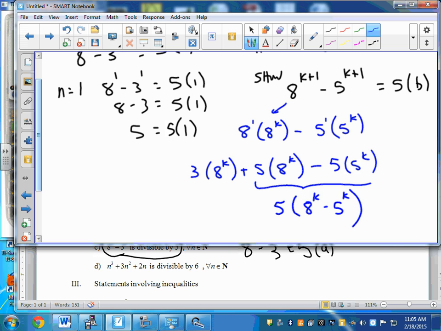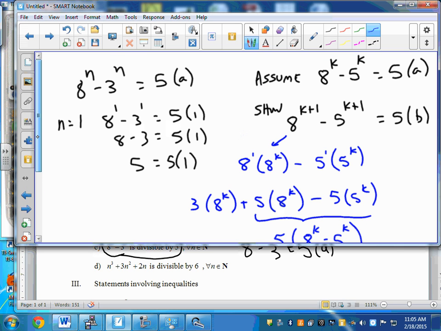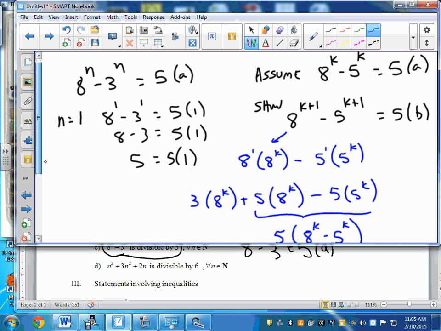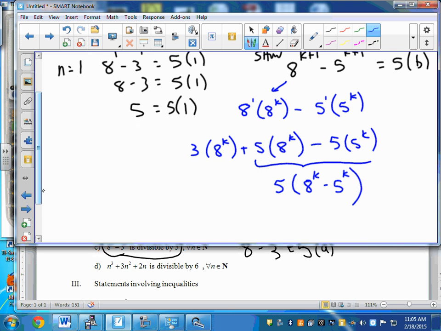We can see that. I'm trying to show this is divisible by 5. Okay, I got a factor of 5 there. Plus 3 times 8 to the k.